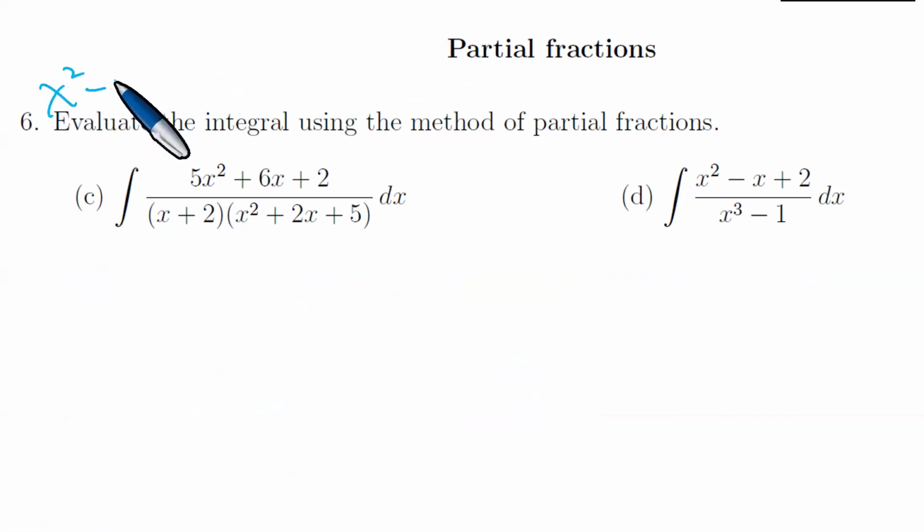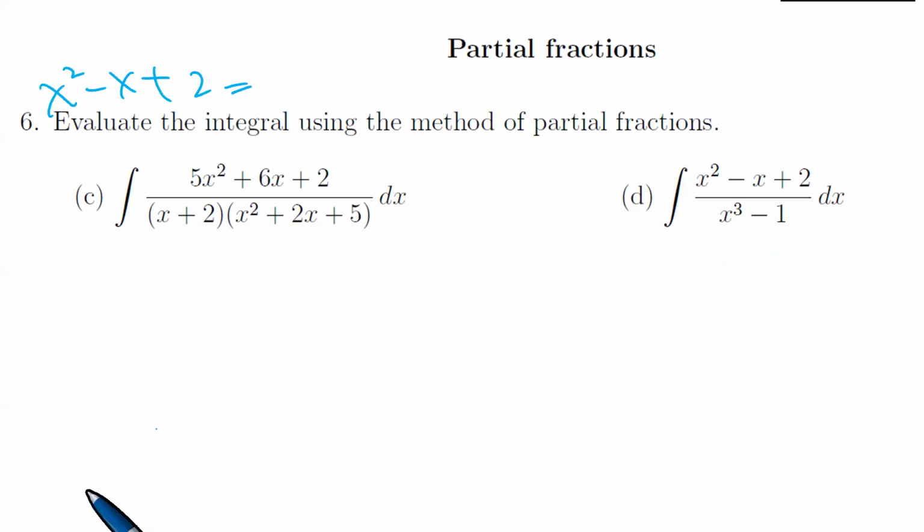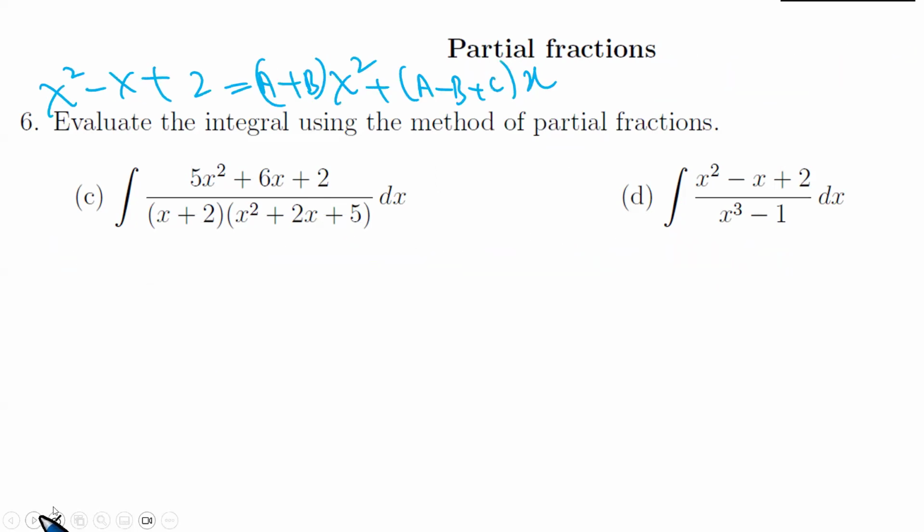Grouping terms, x squared minus x plus 2 is a plus b times x squared, plus a minus b plus c times x, plus a minus c.